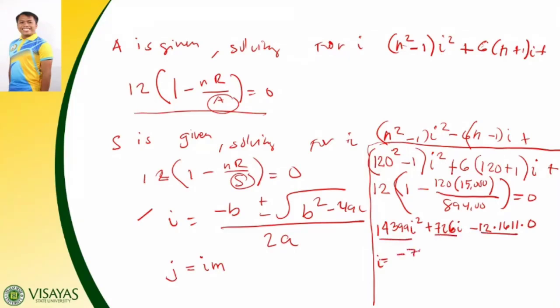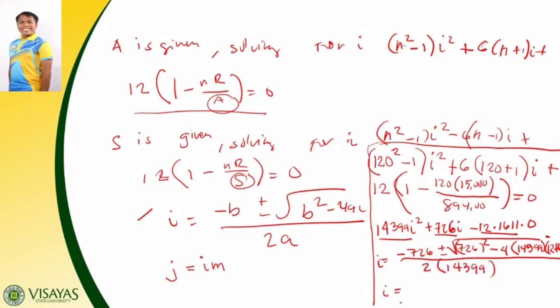So this will become negative 726 plus minus the square root of 726 squared minus 4 times A, 14399, C is negative 12.1611, over 2A, 2 times 14399. So let us calculate. I is equal to how much? There are two values, plus or minus.